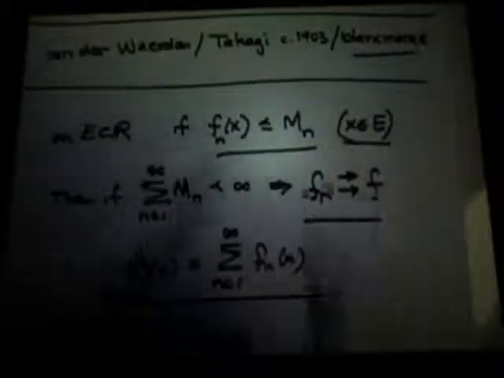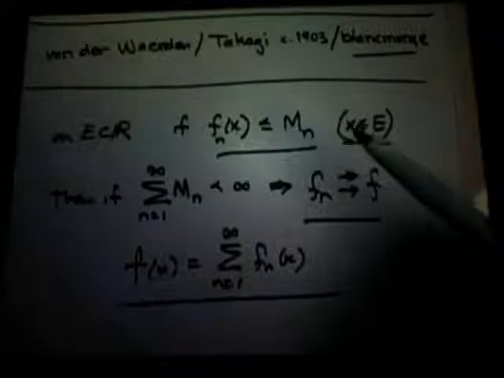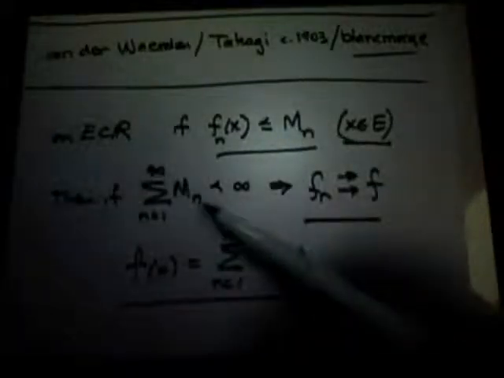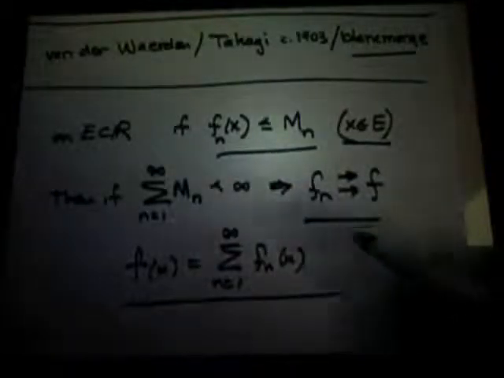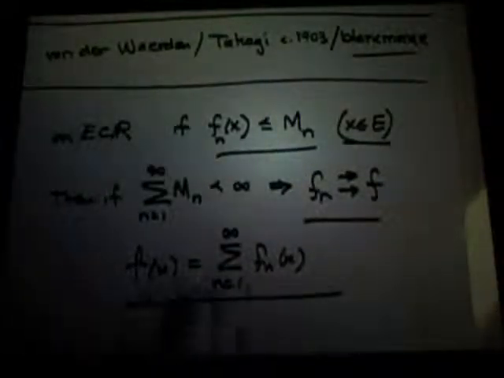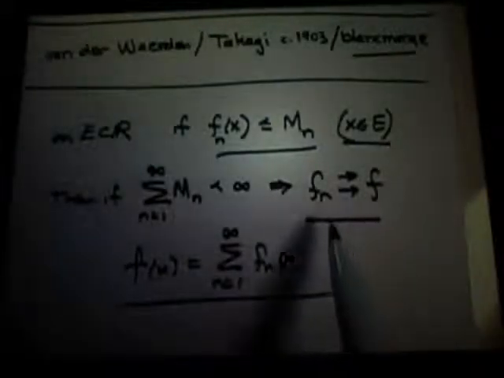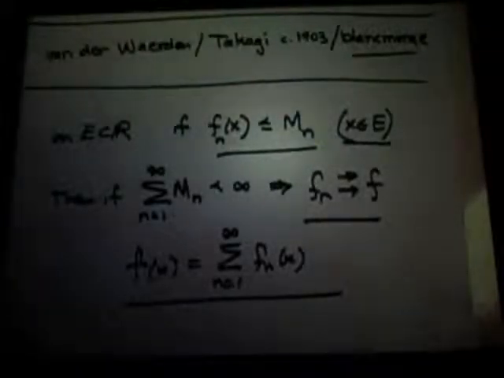So if we can get them dominated by a constant M sub n, and the sum of the constants from 1 to infinity converges, then this pointwise limit is the uniform limit of the f_n. Okay? So what would be a good candidate here?